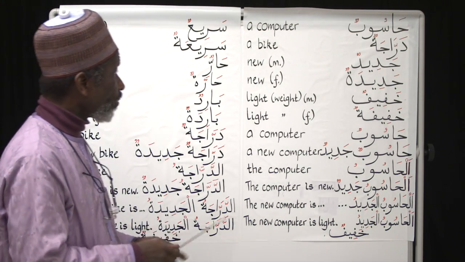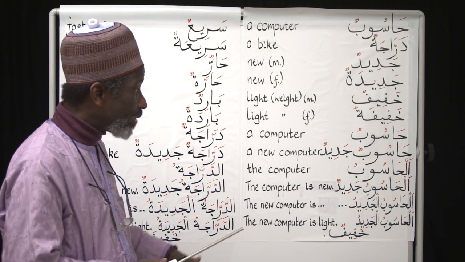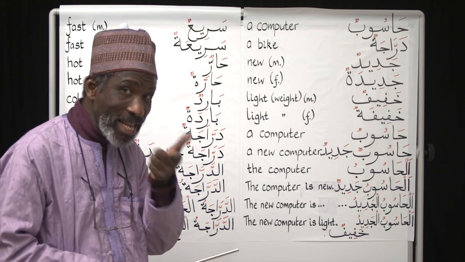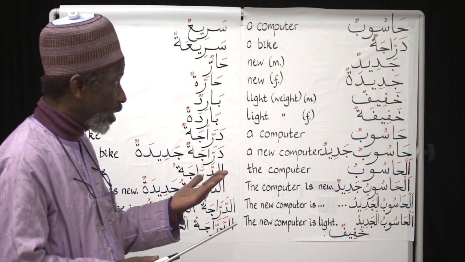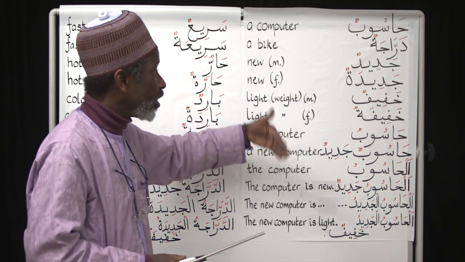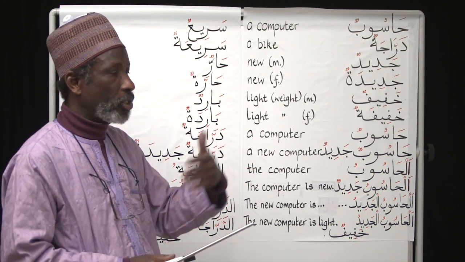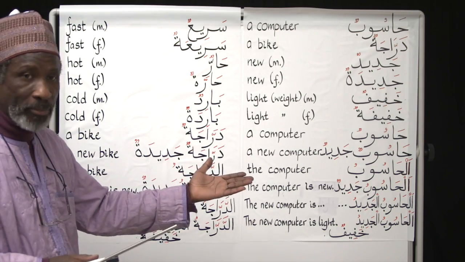Trust me, if you understand this structure as it is, it covers a lot of how to speak and write Arabic, because all you then need to learn is different vocabulary, like a friend, like a neighbor, like a teacher, like the world, like the city, and so on. And then you use the same structure.